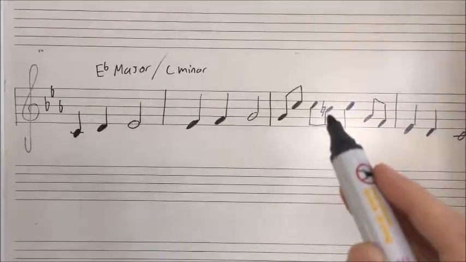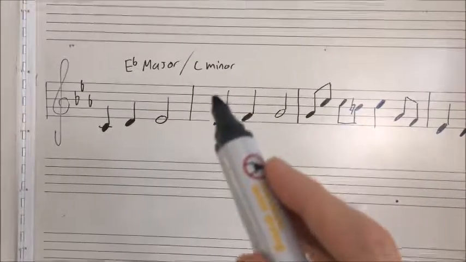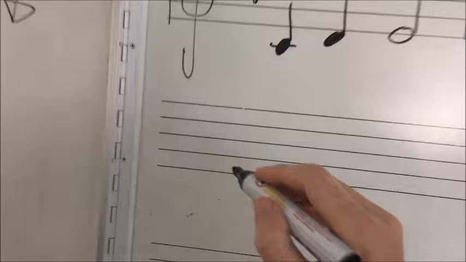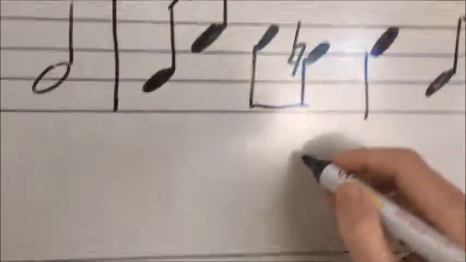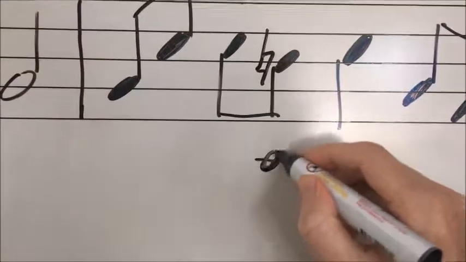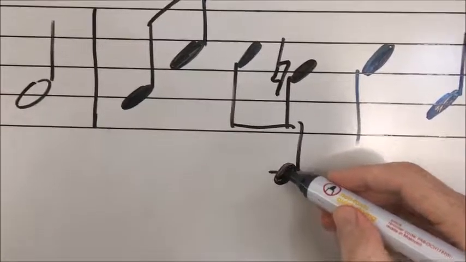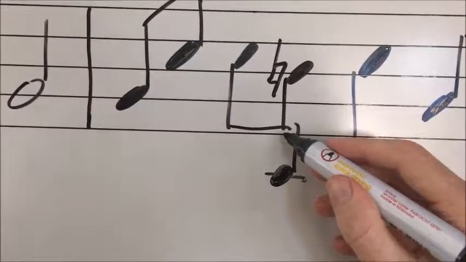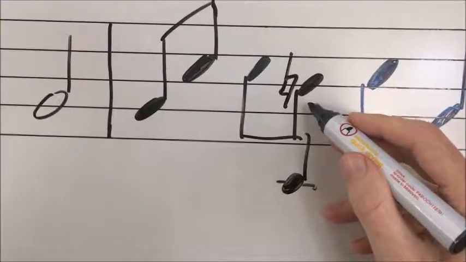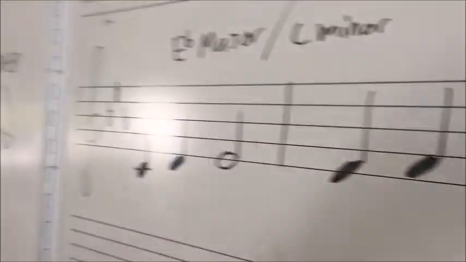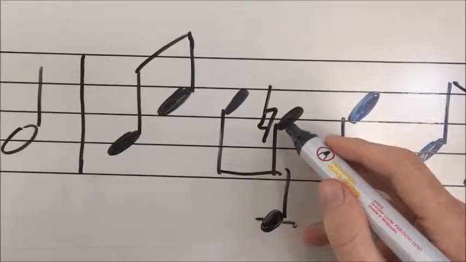Let's find out then, this B natural, what number in the scale of C minor that would be. So, if C is 1, let's count up. C was 1, D would be 2, E flat would be 3, F would be 4, G would be 5, A flat would be 6, and we've got a B flat in the key signature, but here we've got a B natural.